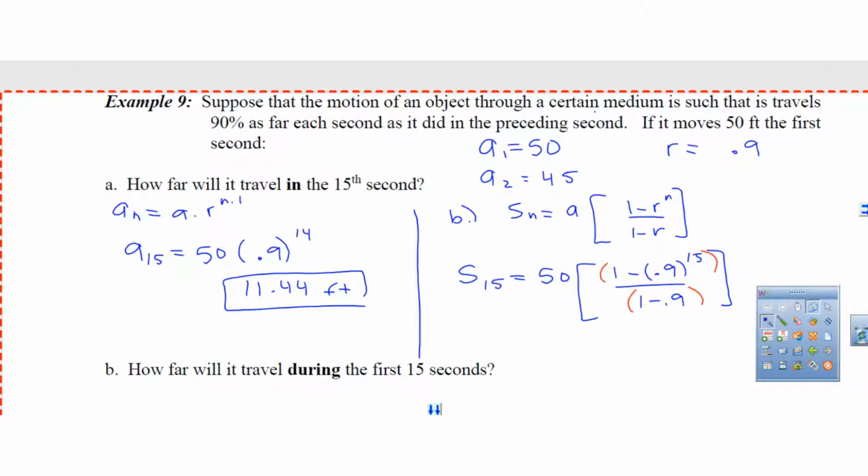Okay, so go 50, parenthesis, parenthesis, 1 minus parenthesis, 0.9, close it, raise it to the 15th, close it, divided by parenthesis, 1 minus 0.9, close it, hit enter, and I get a crazy decimal. I'm going to hit second PRB, enter, and I still get a bad decimal. Do you get a crazy decimal that won't convert? Okay, so we're just going to say 2 digits on part B. So that would be 397.05, and that would be feet.